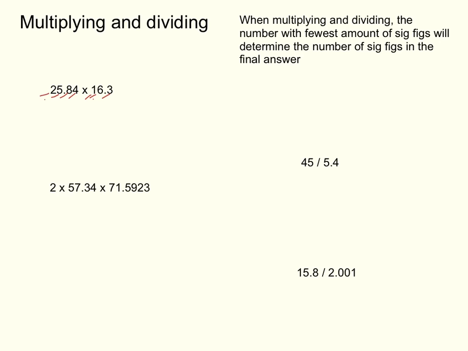Okay, so when we actually multiply this out, we get 421.192. Okay, so in our answer there are 6 sig figs total, but because there are only 3 in this number, we're limited to 3 sig figs. So I'm going to count 1, 2, 3, and we're going to use this next one to round. We're not going to use these. So our final answer is going to be 421.